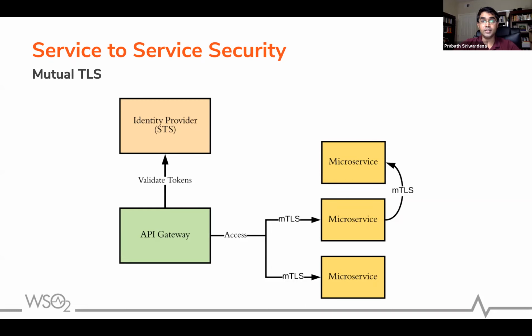Still, there's a challenge. When you have MTLS, it will authenticate the workloads, but how do you pass the user context from the gateway to the upstream microservices?